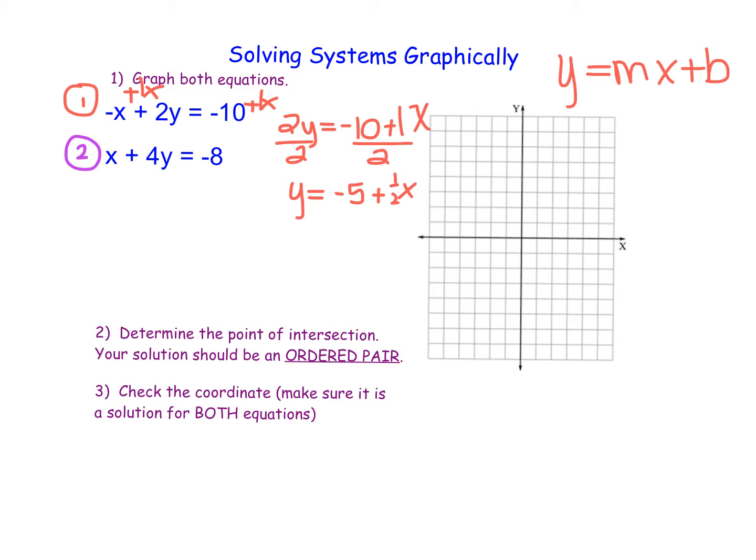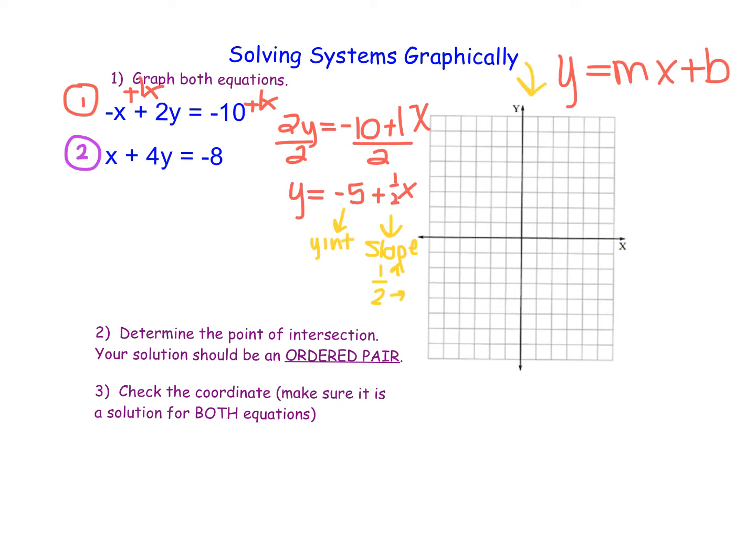Now remember, I can identify key information in this equation that will help me graph. The number in front of my x is my slope, and because this is a positive 1 over a positive 2, I have rise 1, and then go to the right 2 to find additional points. I also know that this negative 5 here represents my y-intercept, or where I cross the y-axis.